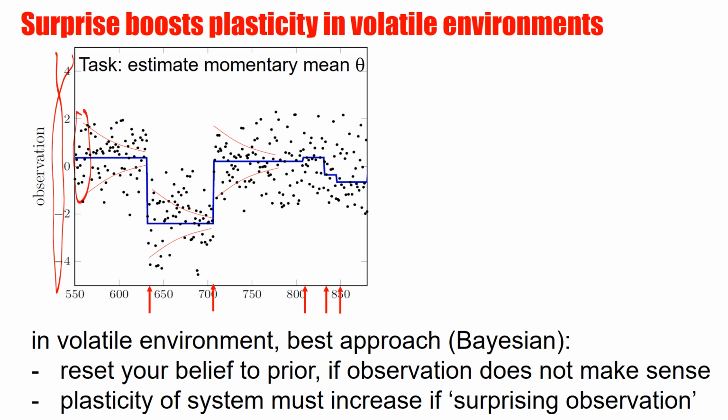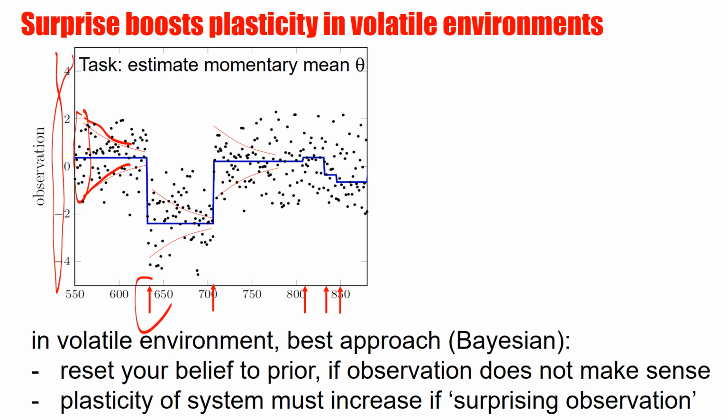And then as you follow the evolution of these dots, you get more and more sure that the mean is in this region. So your prediction narrows down to a small region.